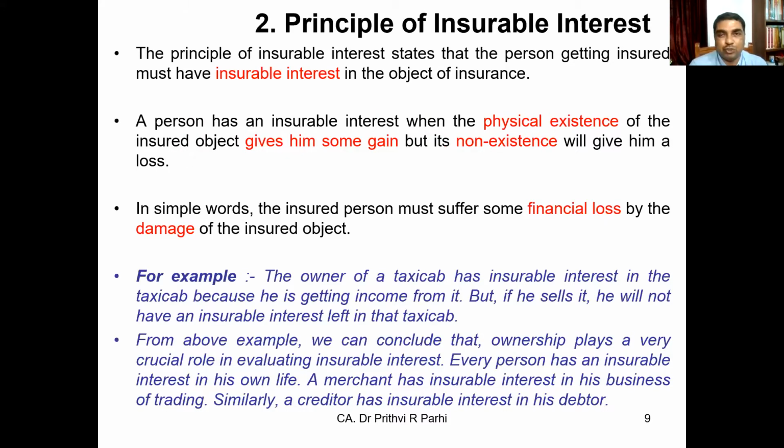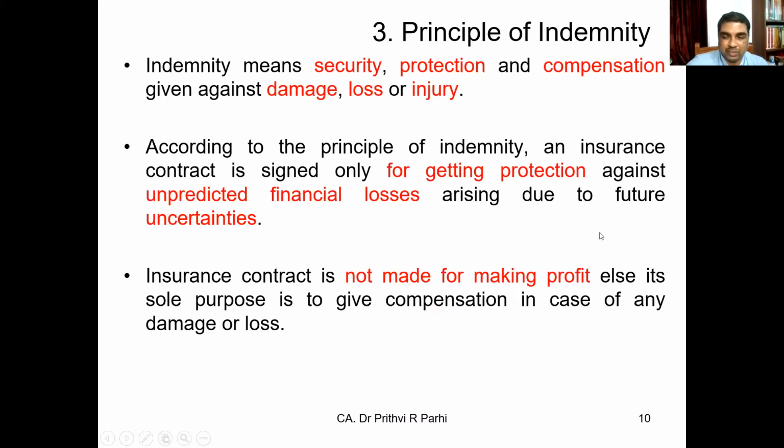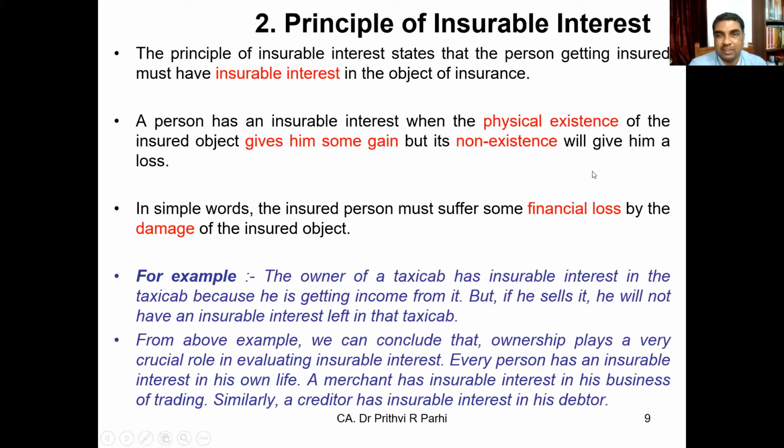Second principle is insurable interest. We know this thing too. What is the meaning of insurable interest? That means the person who is going to take the insurance policy should have some insurable interest in the subject matter which is insured. For example, let us say you are the owner of a vehicle. You can take insurance against this.